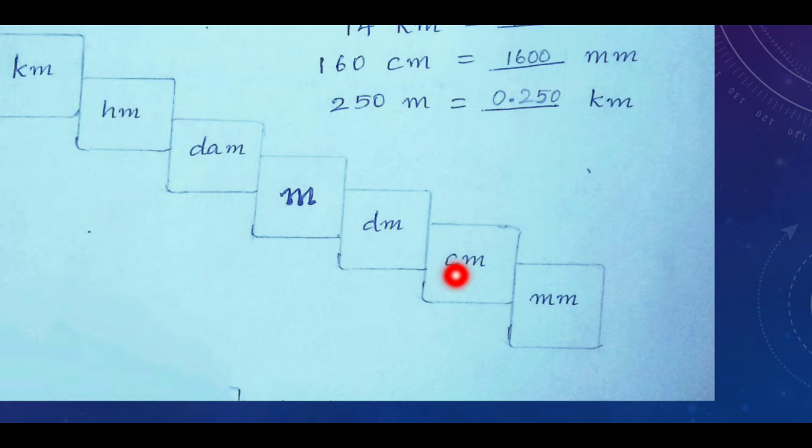Because we have few more boxes in this ladder, or else you just write centimeter and millimeter boxes only. Write 160 below cm. Only one more box is there, which means we have to move one step to the right.